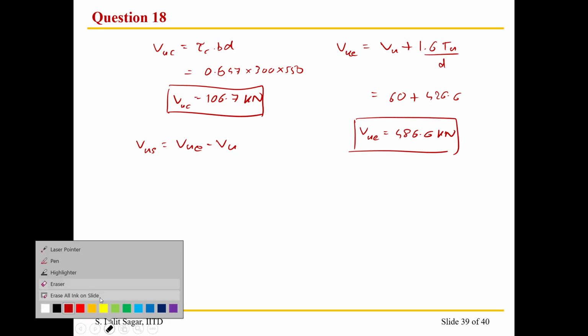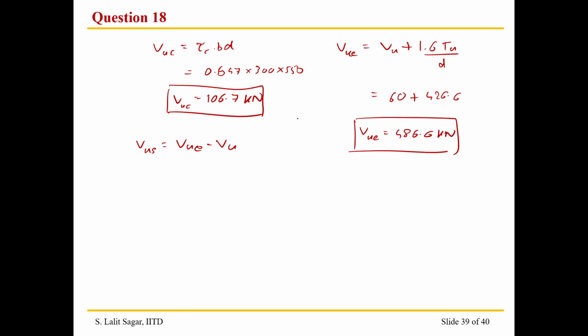Okay, let us proceed very quickly now. That is 486.6 minus 106.7, right? So VUS is equal to how much? 380 kilonewton. I'm getting a value of 380.